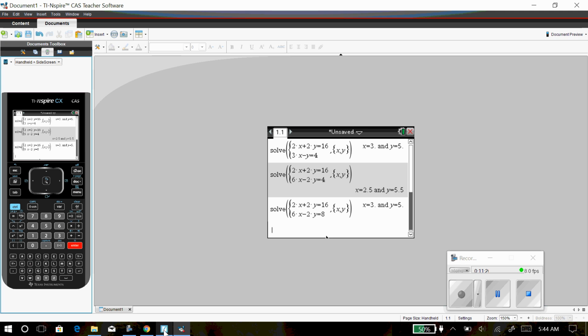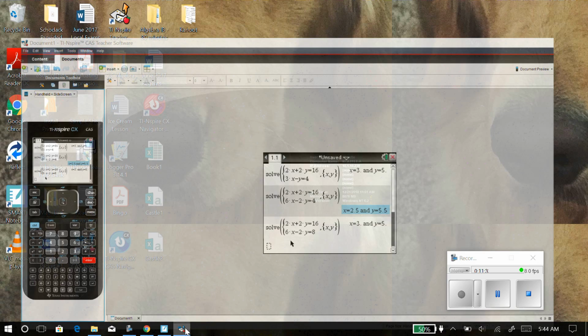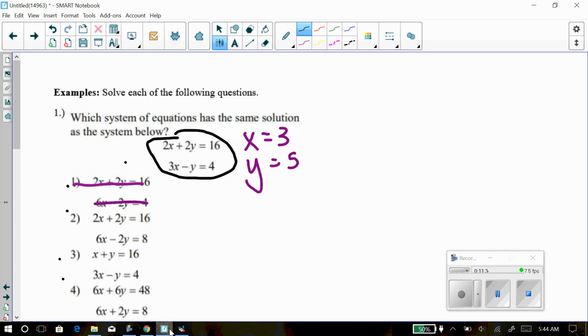Oh, and would you look at that? I got the same answers as my original one, x equals 3 and y equals 5. So that is going to be my solution, choice 2. All right? So that saves you a lot of time instead of having to go out and solve this one, this one, this one, this one, and this one.